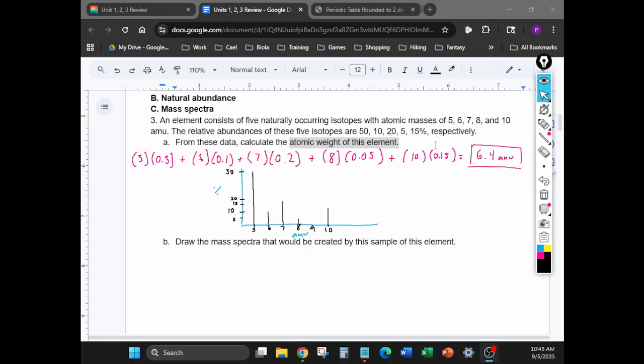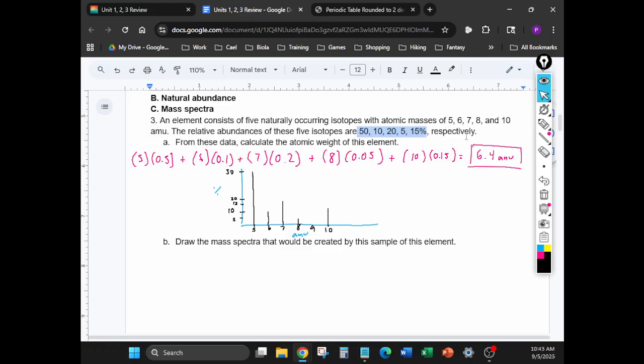For this one, we have 5 different atomic masses, so it's a longer equation. We've got 5, 6, 7, 8, or sorry, 9, 8, and 10. And then we have our relative abundances in percentages. The first thing you have to do is convert the percentages into decimals. Divide by 100, or move the decimal twice to the left. So 50 becomes 0.5, 10 becomes 0.1, and so on. Then you just plug and chug that into your calculator.